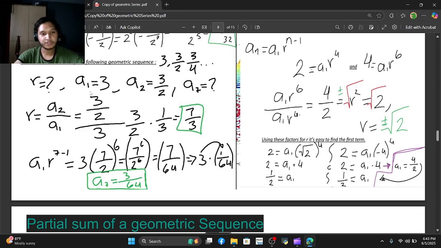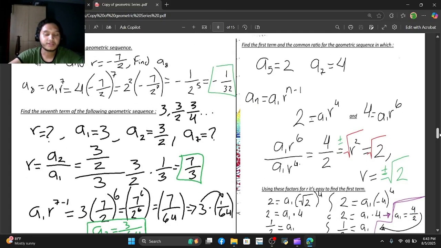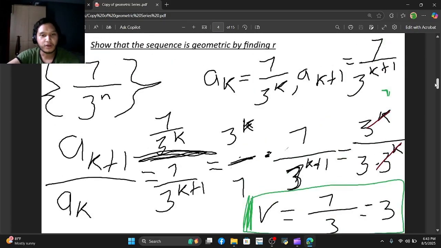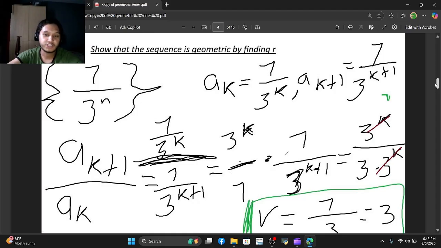We don't know what terms the geometric sequence is expressed in, but it doesn't really matter because we know how to take the ratio.